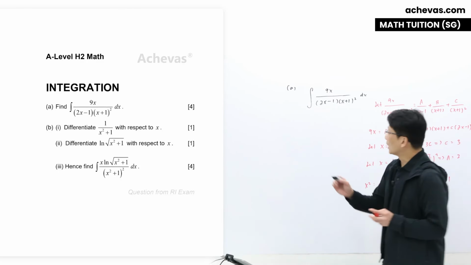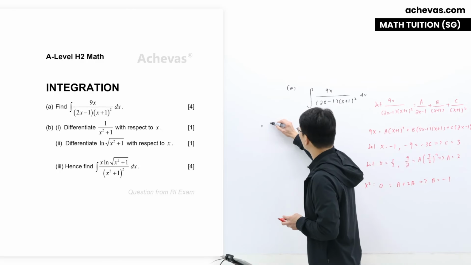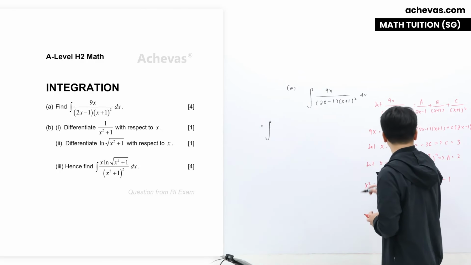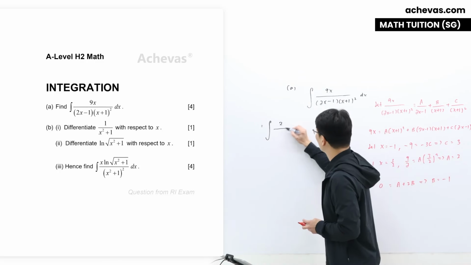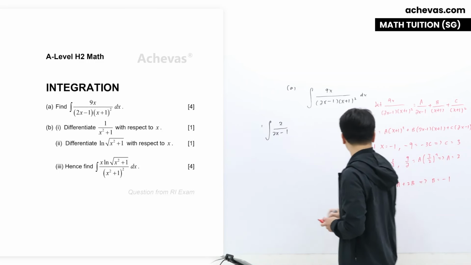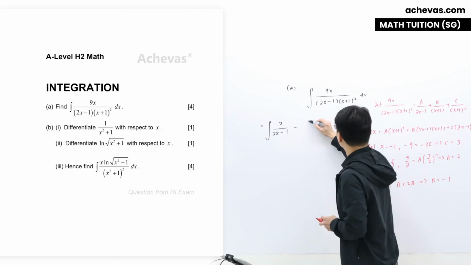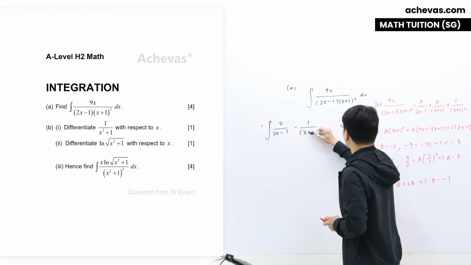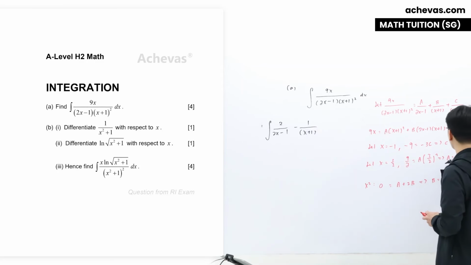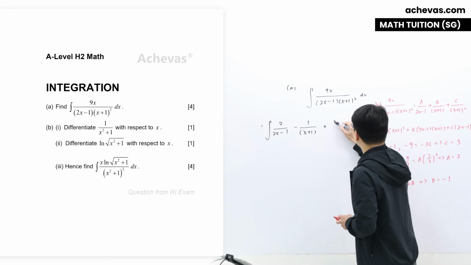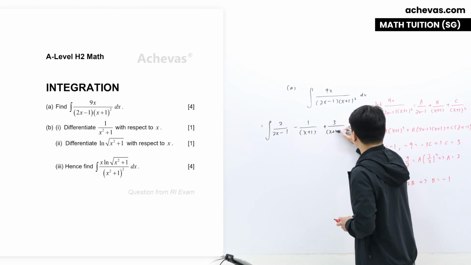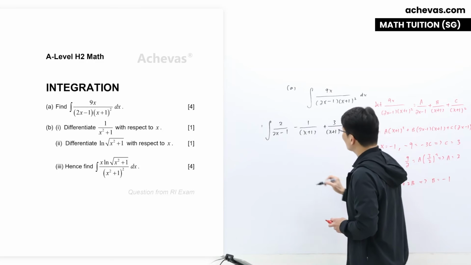So with that, we can already express this to become an integration of 2 over 2x minus 1, my B is equal to minus 1, so it's minus 1 over x plus 1, and my C is equal to 3, plus 3 over (x plus 1) squared.